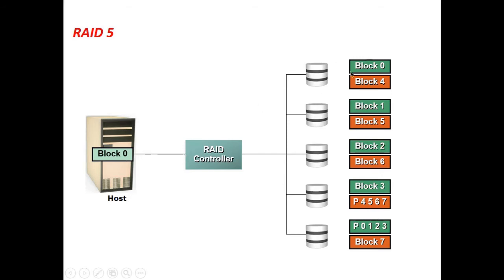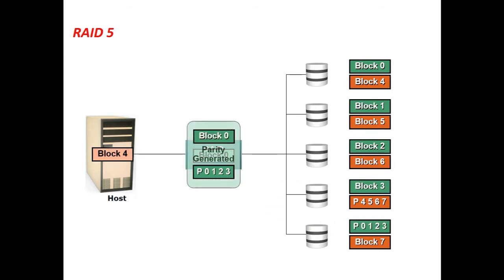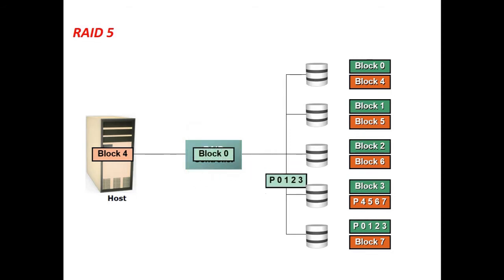The new value will be sent from the host. Before storing this value, it fetches the old parity value, fetches the old actual data value, then computes the parity, writes the new data and stores the new parity values.